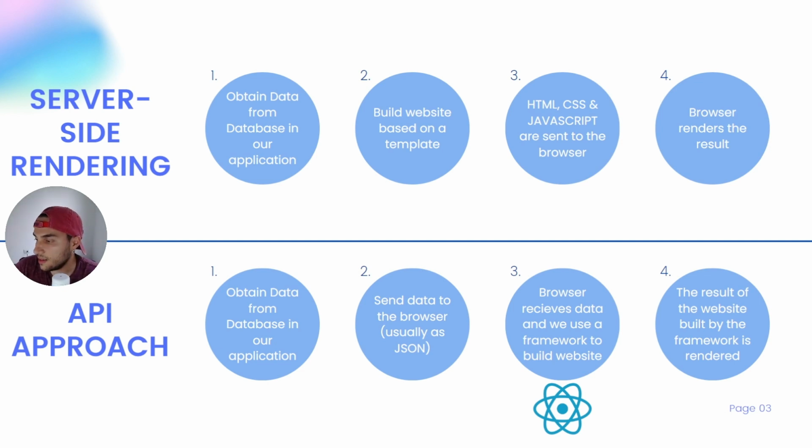I think that with these kinds of frameworks, built specifically for the front end, for the client and the browser, such as React or Angular, we have so much flexibility to work with. So that's my personal favorite approach.